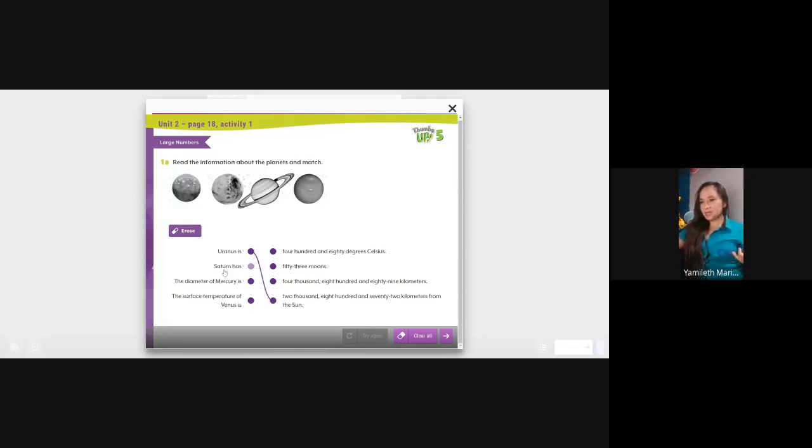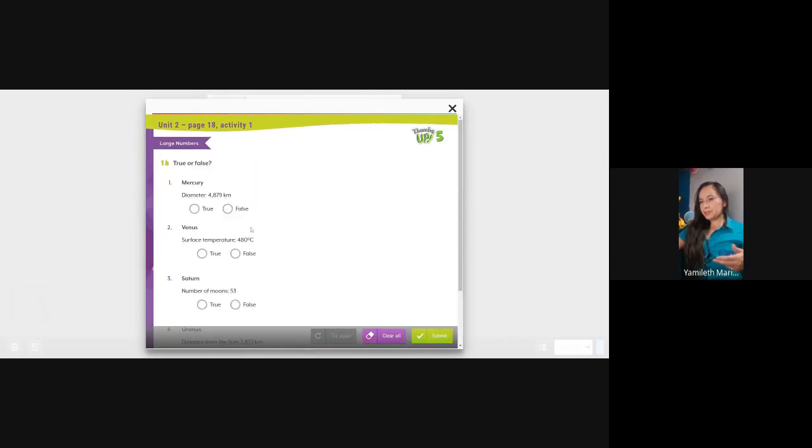Saturn has 53 moons. The diameter of Mercury is... What's the diameter? And the surface temperature of Venus is... let's check the answers.